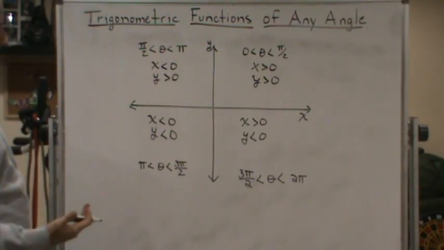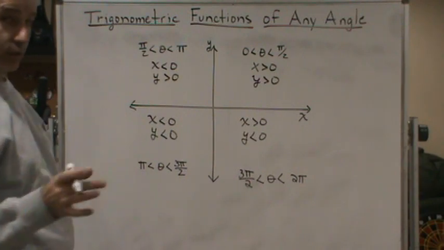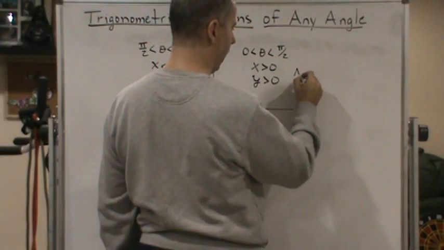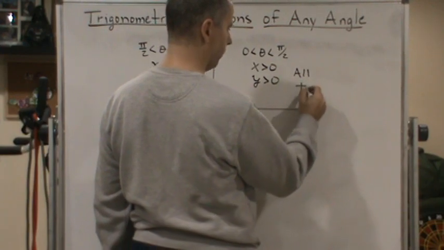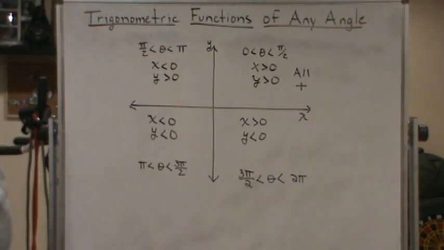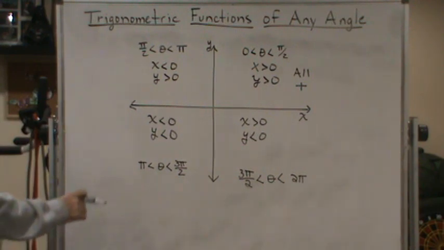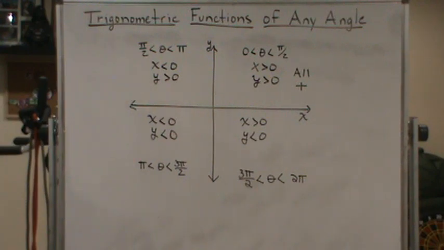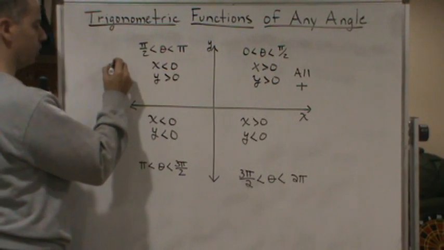So how does that affect the signs of the trigonometric functions? In the first quadrant, all are positive. In the second quadrant, it's determined by x because x is negative. Anything that involves x is going to be negative. Which ones have x?